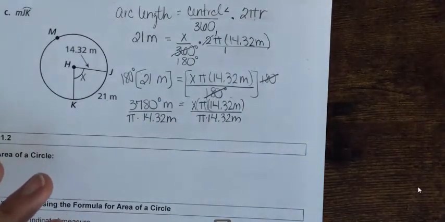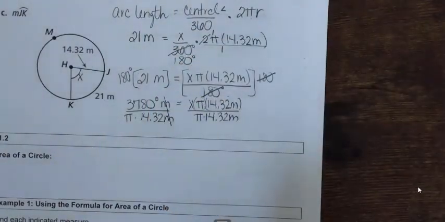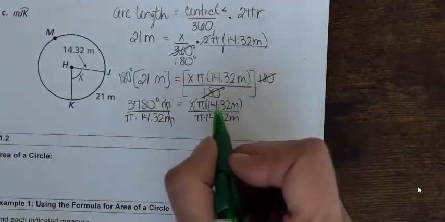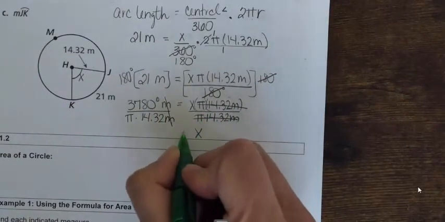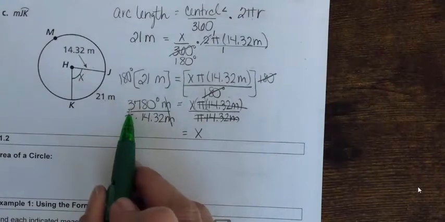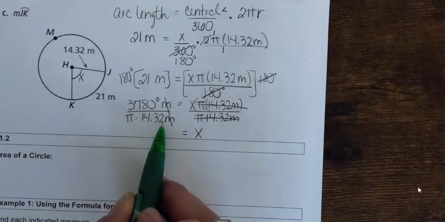Watch what happens with the units here. See how these meters divide out? Everything over here has reduced except for the x. So I'm left with x equals 3,780 degrees divided by pi times 14.32.